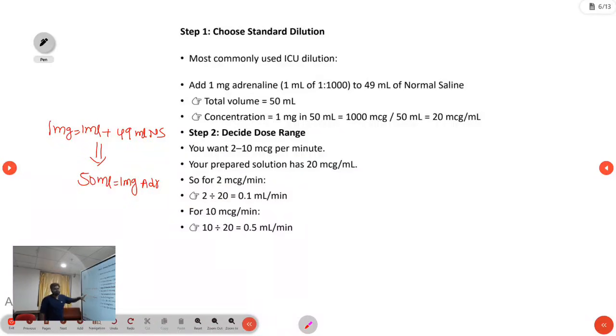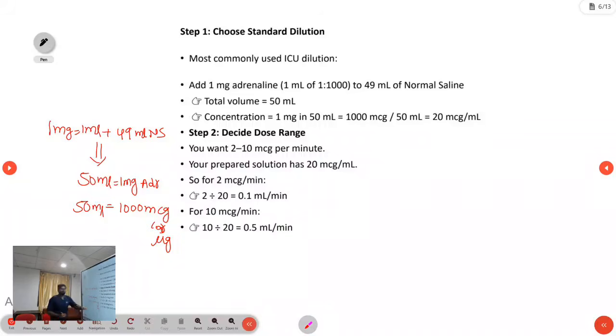The total volume is 50 ml. So concentration-wise, 1 mg is present in the 50 ml. If you break it down further, 1 mg we will write as 1000 mcg, micrograms. Either we can write mcg or else μg. So this 1000 mcg will be present in the 50 ml.